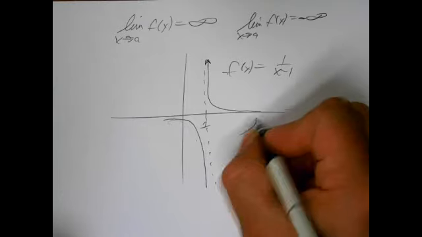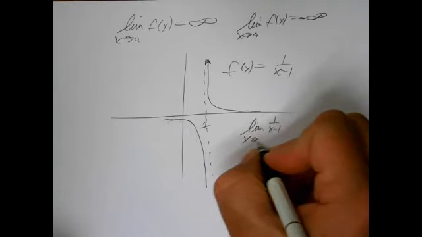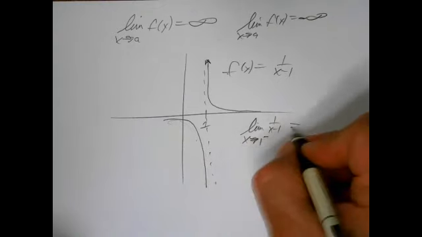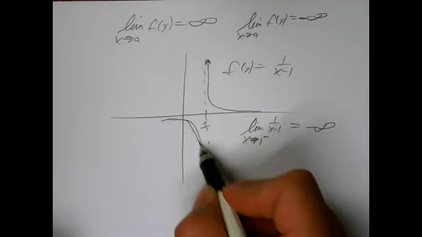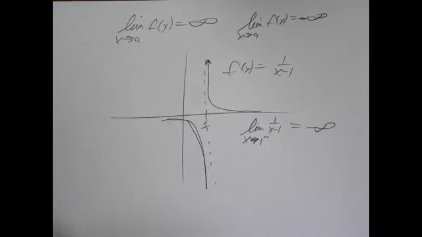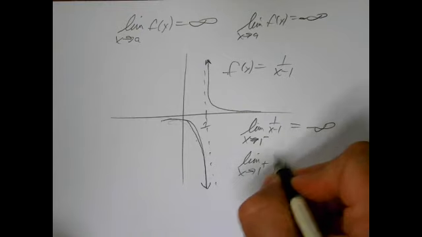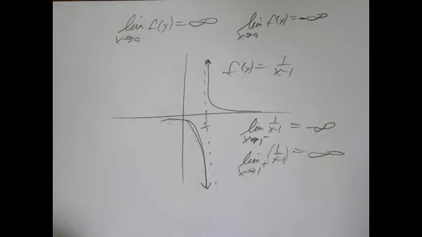If you looked at the limit of 1 over x minus 1 as x approached 1 from the left, that would equal negative infinity, because as you come in from this left-hand side, it's going down forever and without bound. The limit as x approaches 1 from the right of 1 over x minus 1 is positive infinity, because as you come from this side, it goes up forever and without bound.